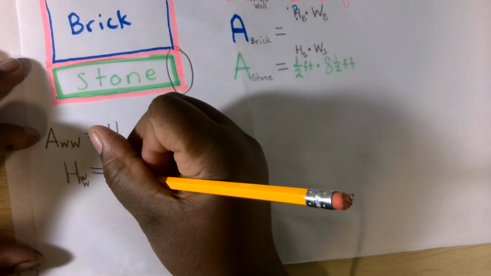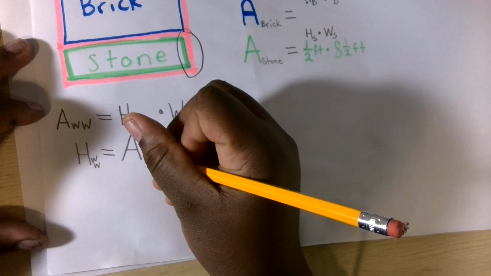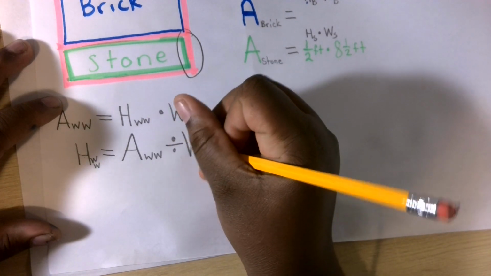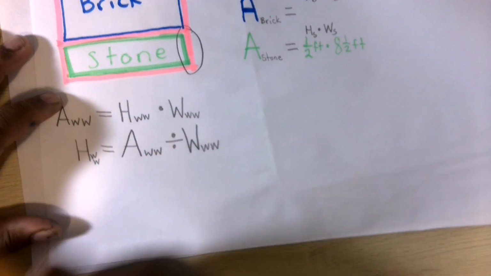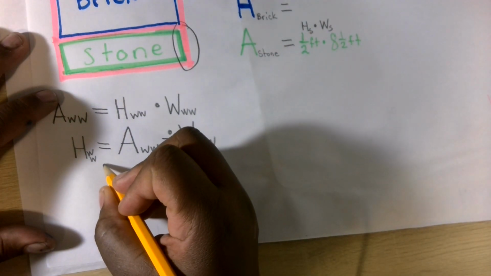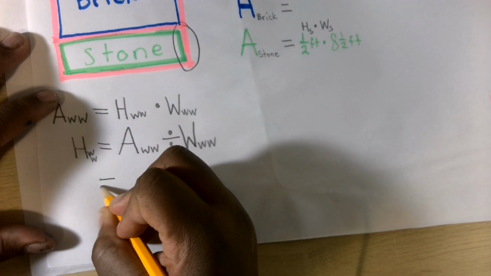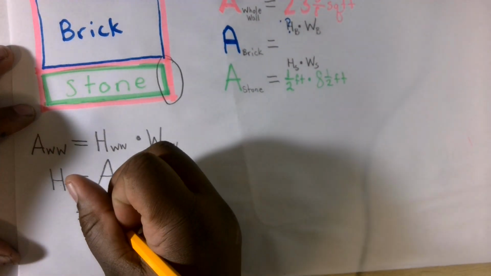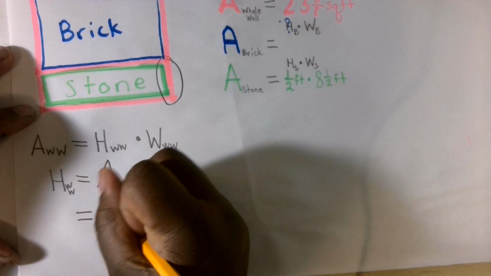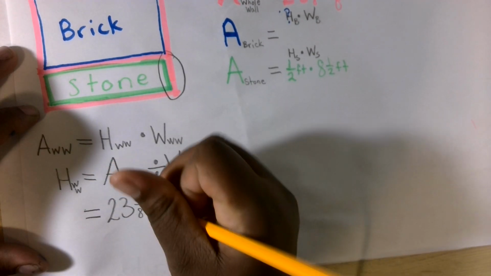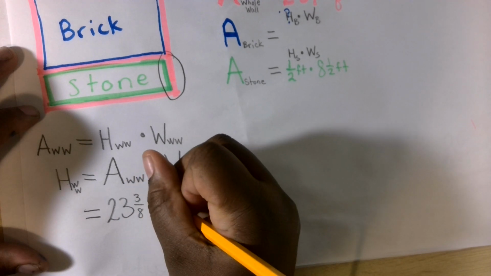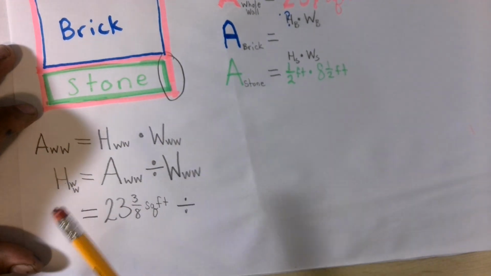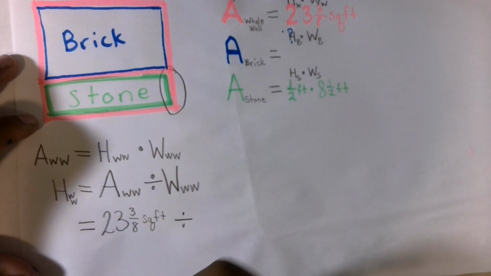The height of the whole wall is calculated by the area of the whole wall divided by the width of the whole wall. Keeping my equal signs lined up. The area of that whole wall is 23 3/8 square feet. And the width of that whole wall was 8.5 feet. I just got that information from the diagram.